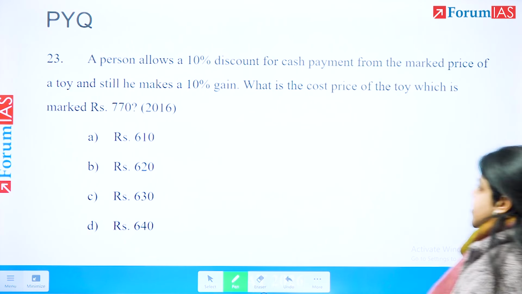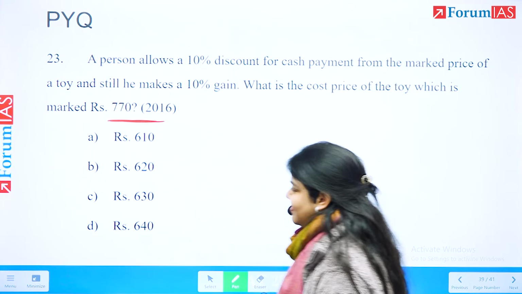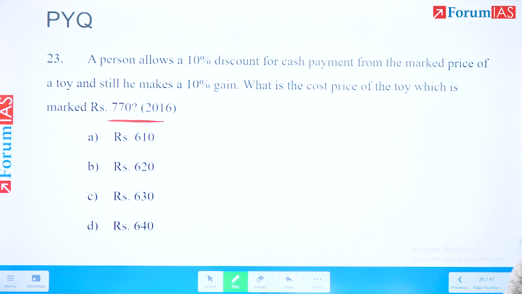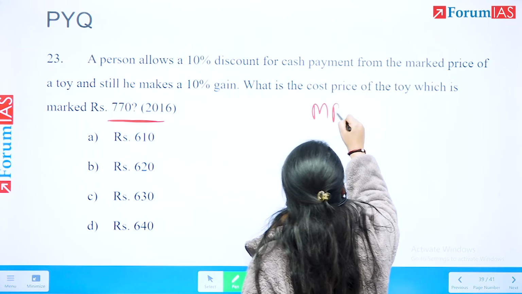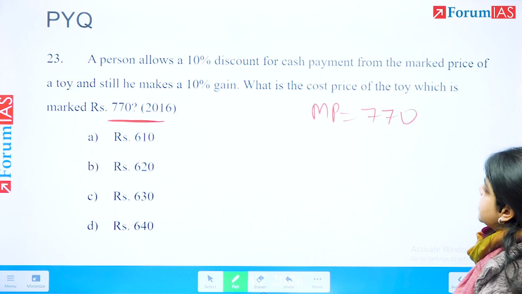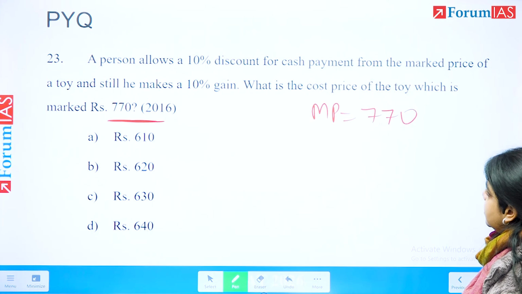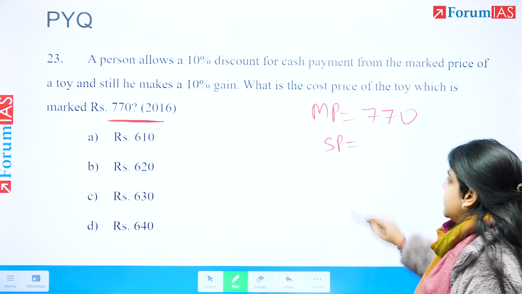The marked price is 770. A person allows a 10% discount. If the 10% discount was allowed, what is the selling price?